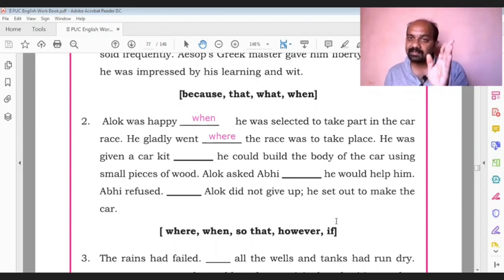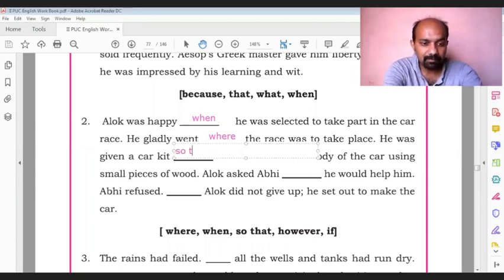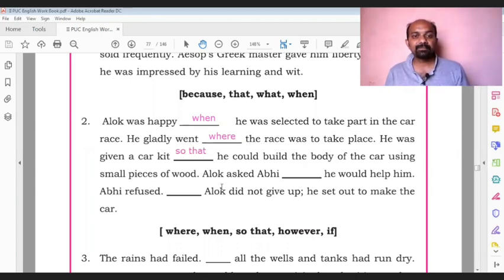Where suggests the place. He was given a car kit so that he could build the body of the car using small pieces of wood. So that here suggests the purpose for which the boy was given a kit.